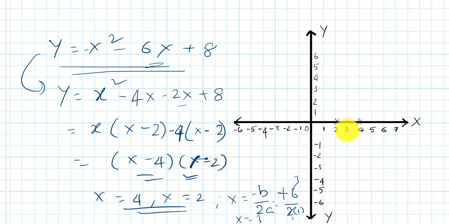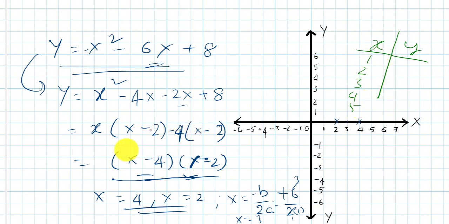Okay, so what we are going to do is take these points. We know this one, right? x minus 4 and x minus 2. So just take x and y. Let's do some examples: 1, 2, 3, 4 and 5.